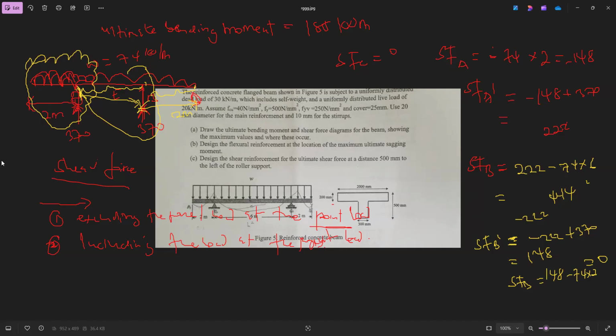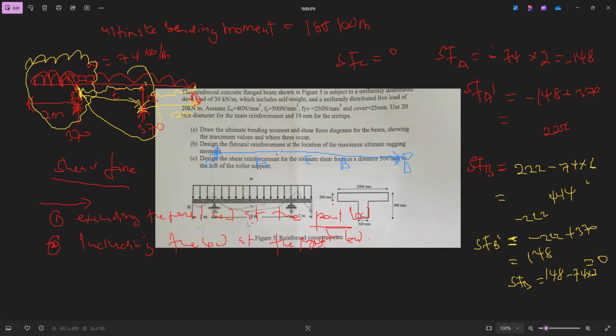So let's draw quickly the shear force diagram. At this part it is 0. At this end it is 0. Here is C, here is A, here is E. It doesn't really matter. Here is B, and here is D. CAEBD.